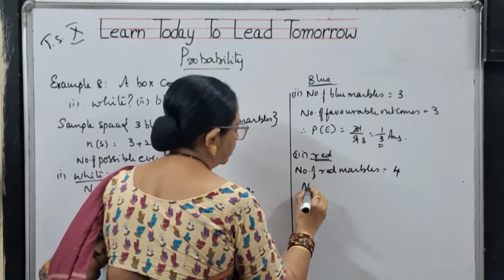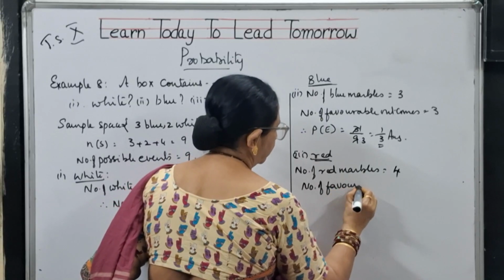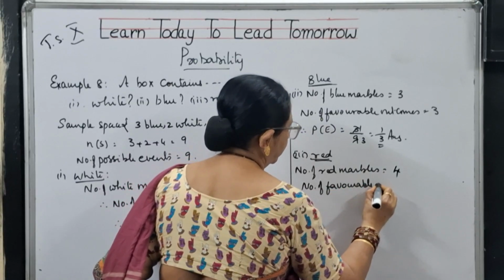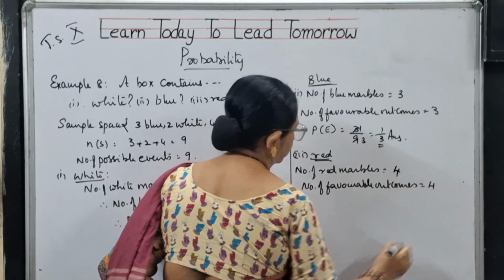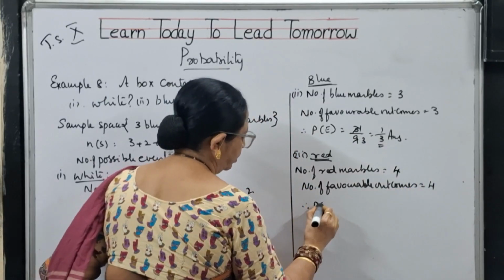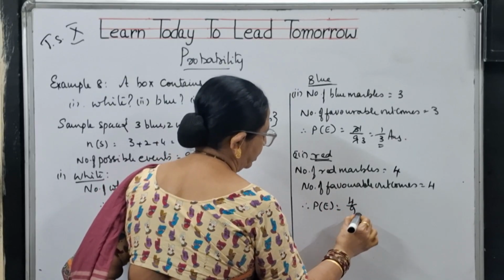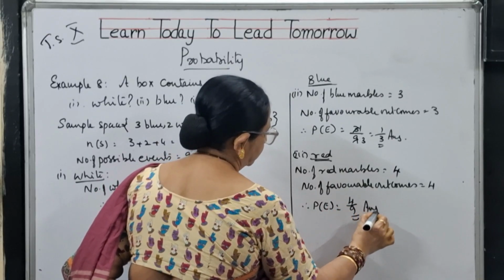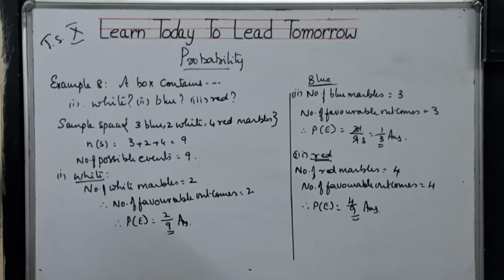That means number of favorable outcomes is equal to 4. So probability of this event, getting red, is nothing but 4 by 9. This itself is the answer. We can't simplify it. That itself is the answer, children.